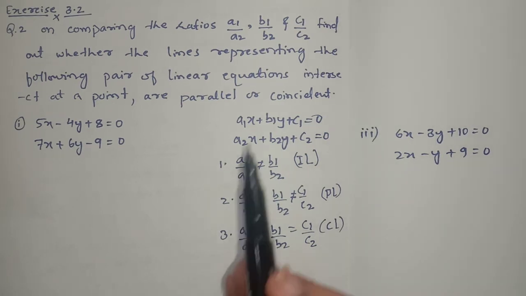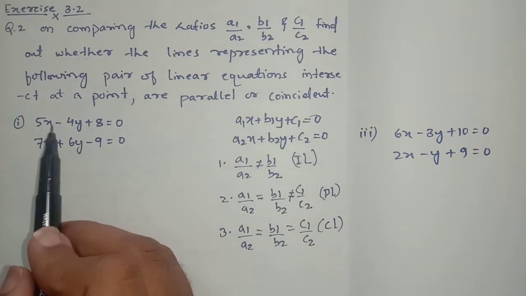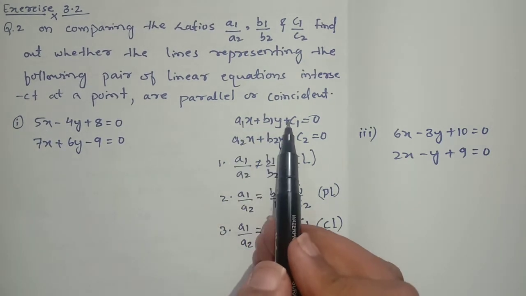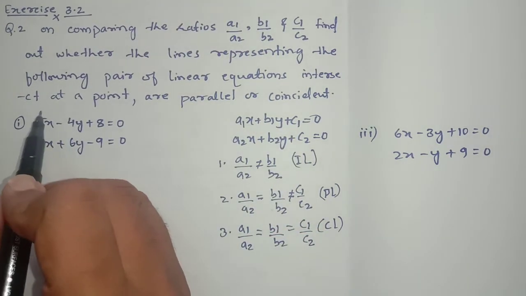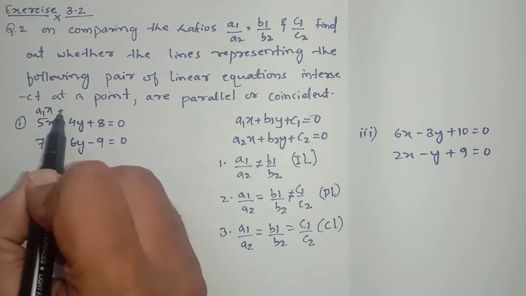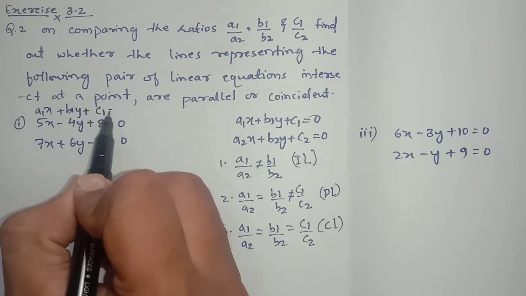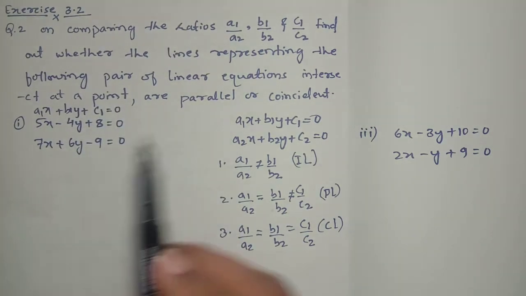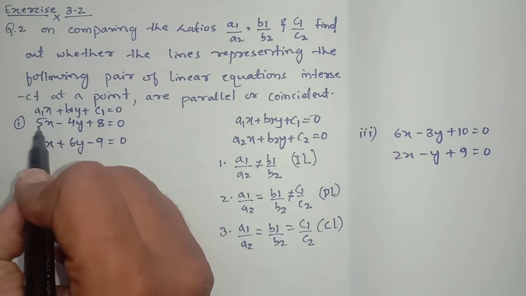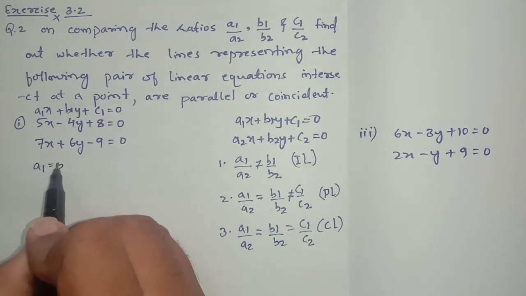Let's start. First, we have to compare the first equation with the first one to get the values of a1, b1, c1. I am writing here a1x plus b1y plus c1 is equal to 0, and comparing the first equation with it.